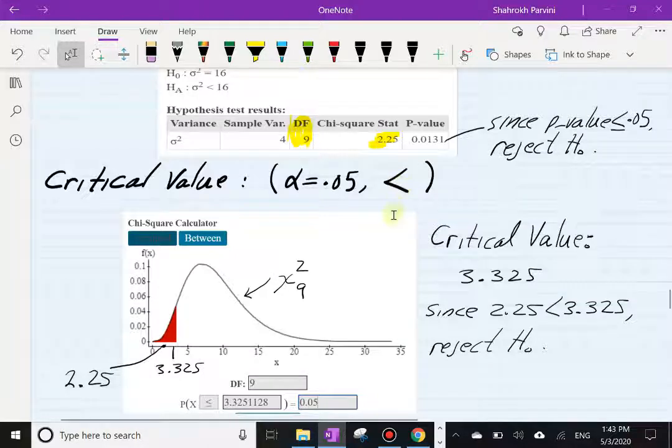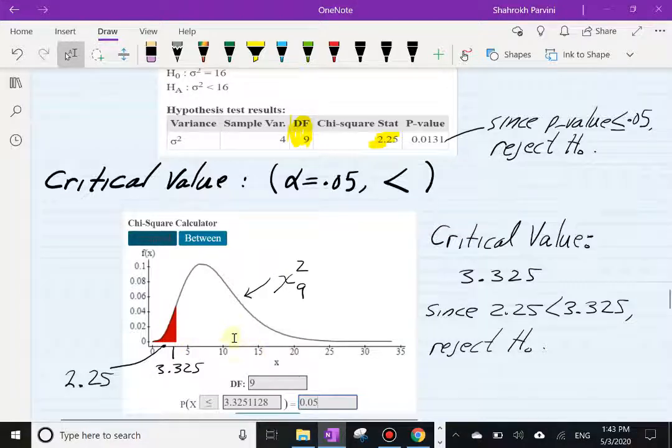Okay, so I went to StatCrunch. Remember, alpha is 0.5 and less than means left tail. We want that to be 0.5. Critical value is this value, the value that separates your rejection region, in red, from the clear region, the non-rejection region. And that's the cutoff point.